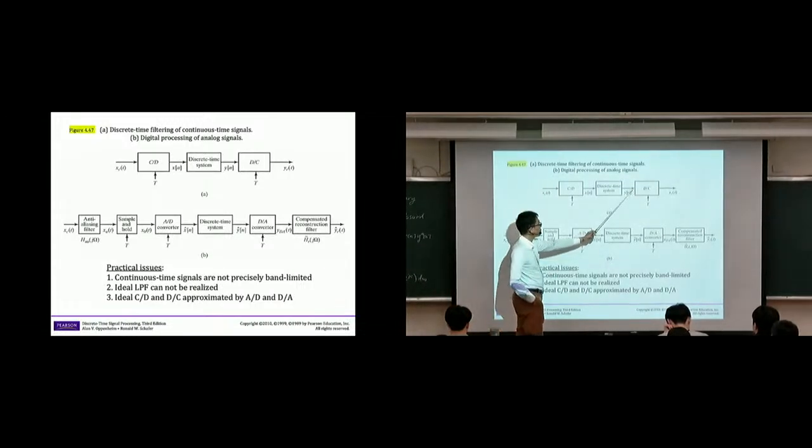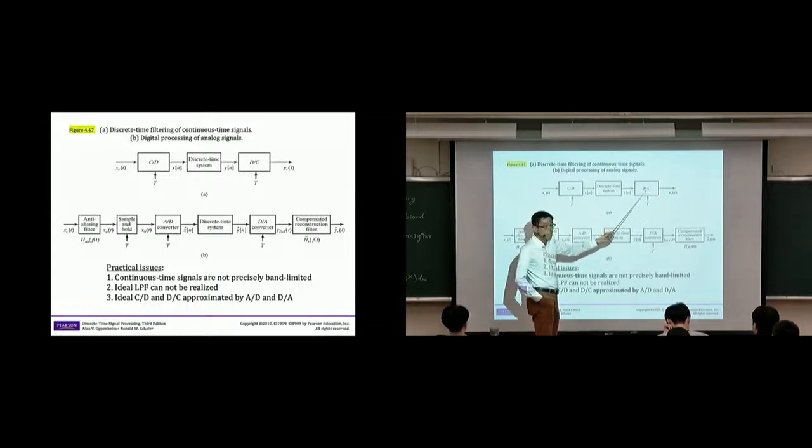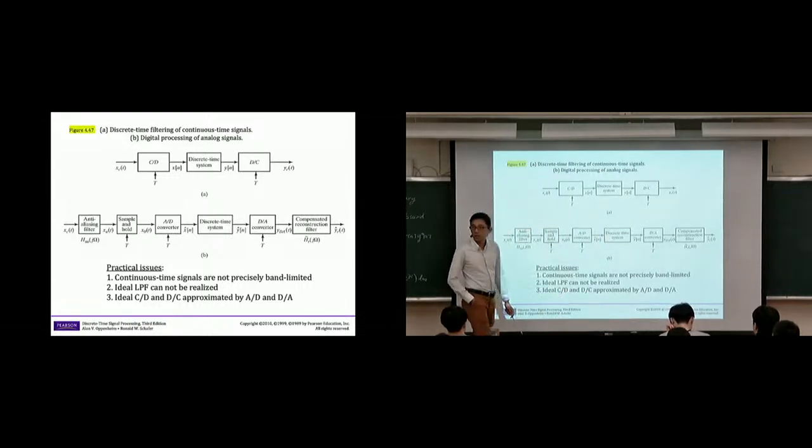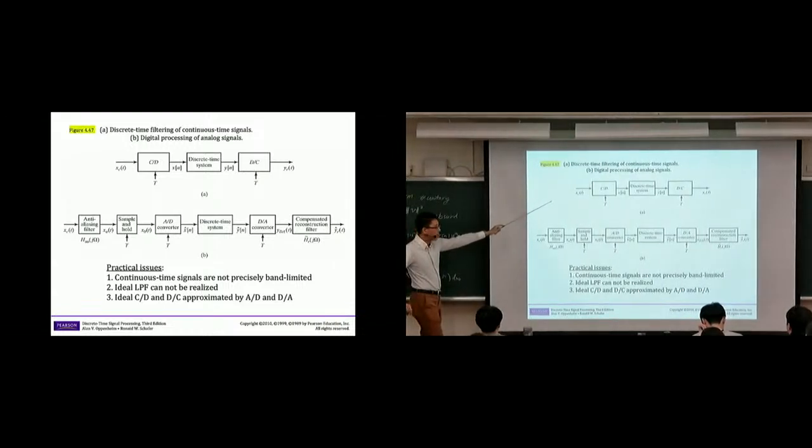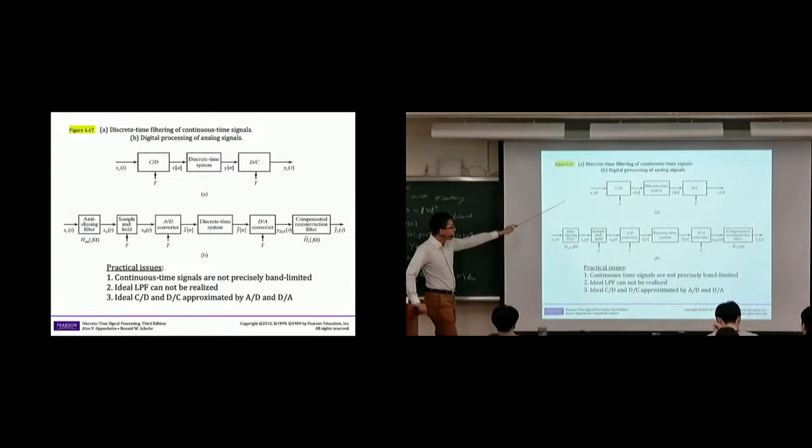That is to say, you might want to convert your signal from discrete back to continuous time using the same sampling period. So this chain of processing is called discrete time processing or filtering of continuous time signals. But that's a kind of ideal scenario. It's too simplified. 太过于简化.